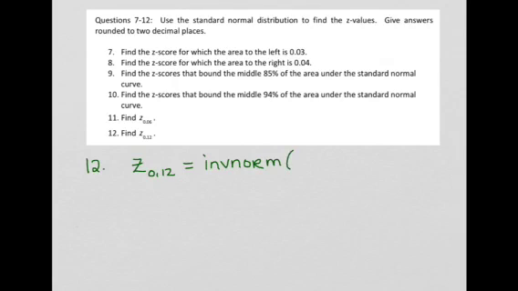I find it helpful to kind of keep track of whether we're on the left or the right or what's going on. So I know that 0.12 is the area to the right. That means the area to the left is 0.88. And of course, just as in the previous problem, I could have just put in inverse norm of 0.12, gotten a negative answer, and then taken the negative sign off of there. So here I get 1.17, and that's my final answer.